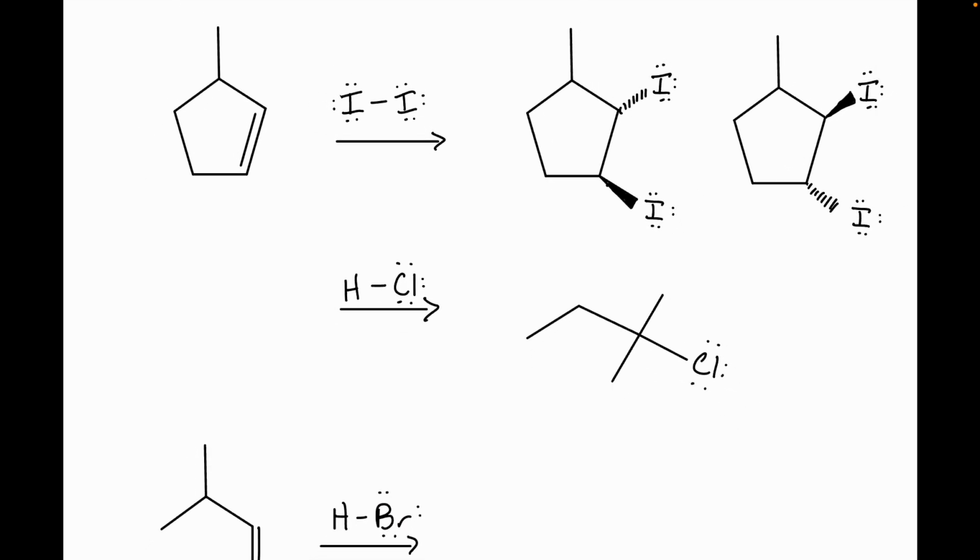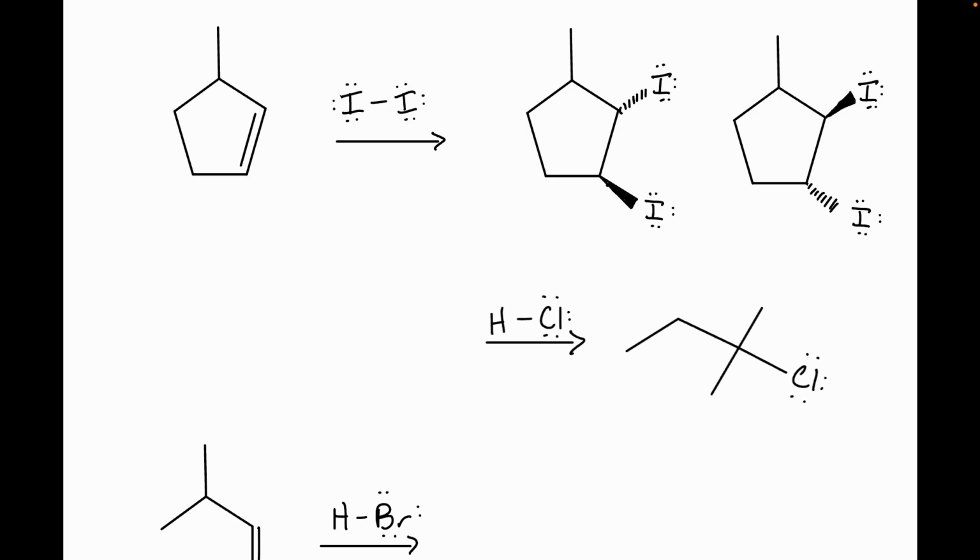All right, so for my next one here, this is a hydrohalogen addition reaction. I know based on my product that this carbon right here is going to be involved in my double bond, but it could be any of these other ones here that are also in that double bond.